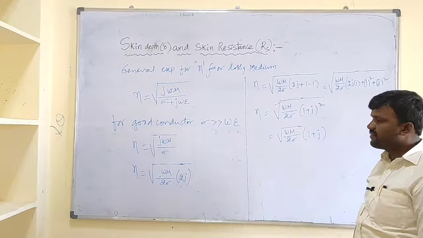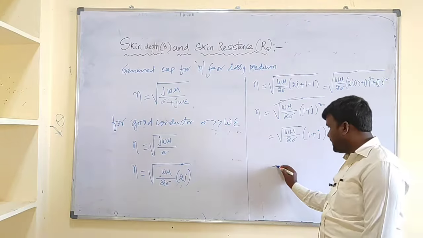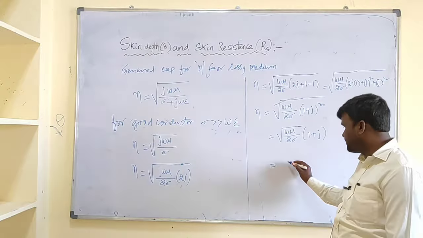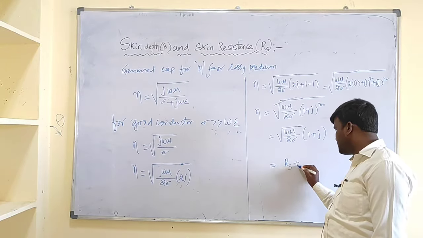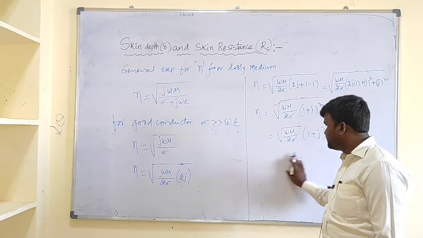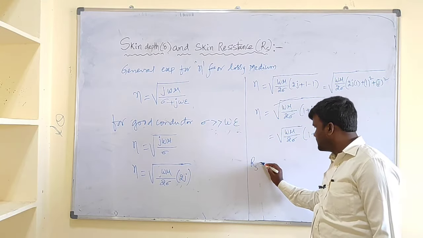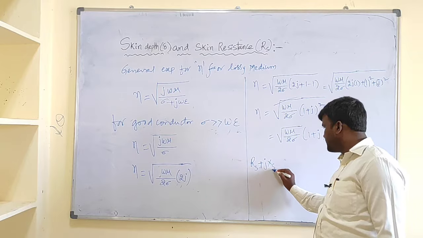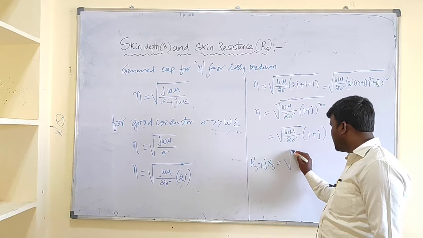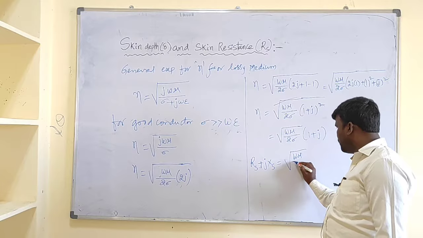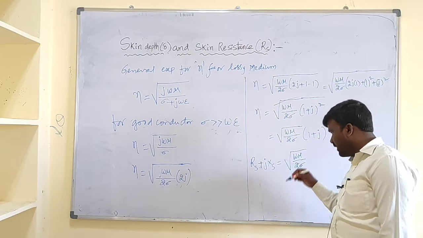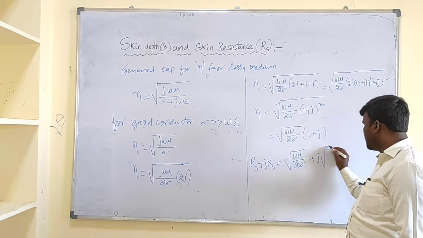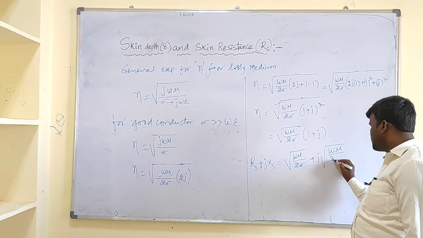So it consists of a real and an imaginary part. I will write the real part as resistance and the imaginary part as reactance. So it can be written as Rs plus j Xs, equal to the real term, under root omega mu by 2 sigma, plus j into under root omega mu by 2 sigma.